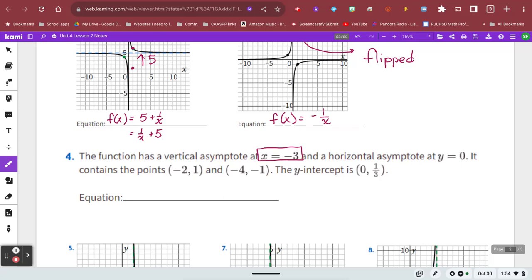Normally it was at 0. So this one is telling me, and it's a vertical, which means we are moving to the left 3. And when we're moving to right or left, we have to be with the x. And we know we go into the left, which is the negative side. So we're going to say plus.